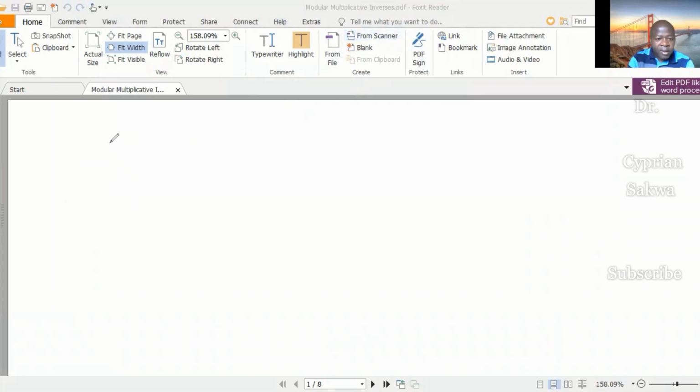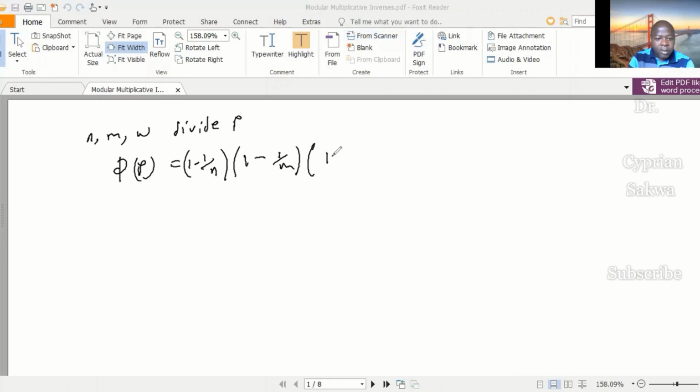So I've already said that if you discover that the prime numbers n, m, and w divide p, then the Euler phi of p will be given by 1 minus 1 out of n, multiplied by 1 minus 1 out of m, multiplied by 1 minus 1 out of w, multiplied by p.